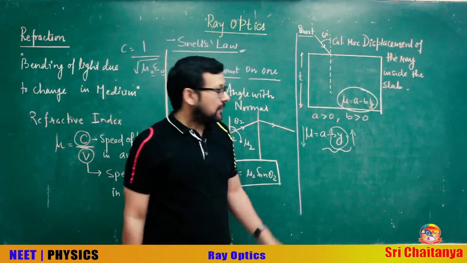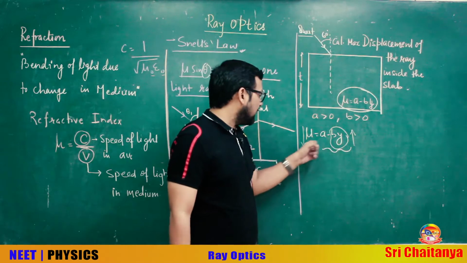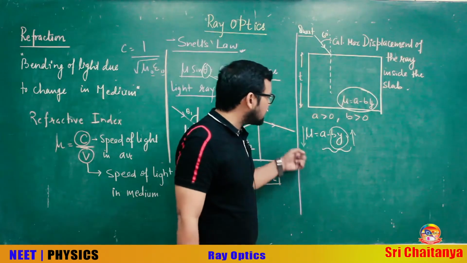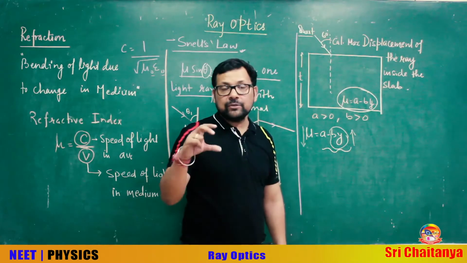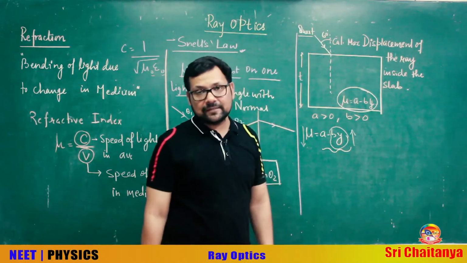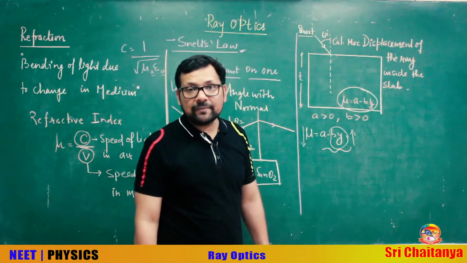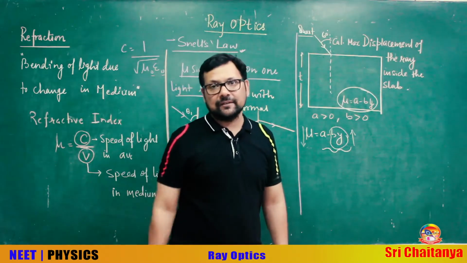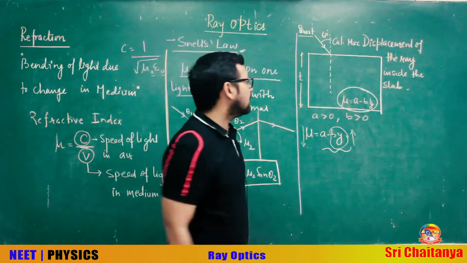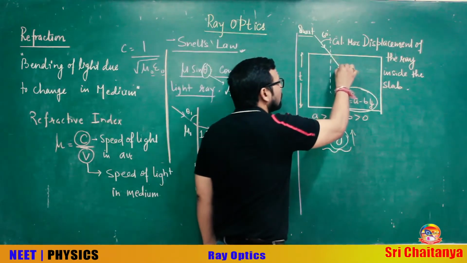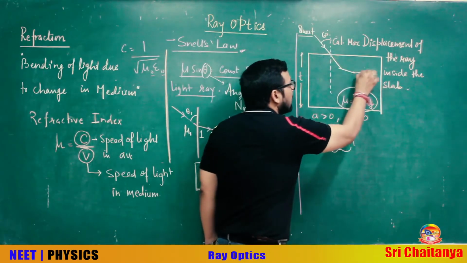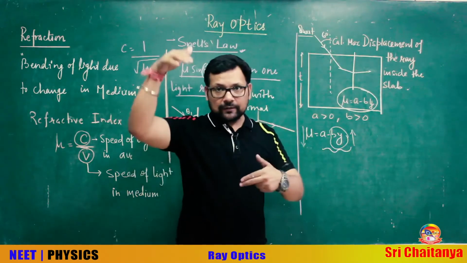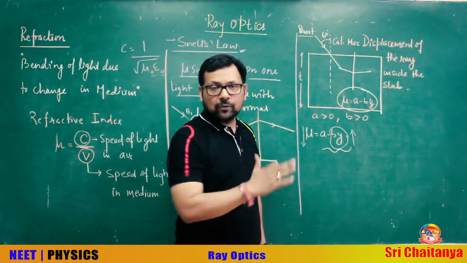Mu is decreasing, so the medium becomes rarer. Higher mu is denser, lesser mu is rarer. So as the medium is getting rarer, light will go away from the normal, and at one point it will do a U-turn.